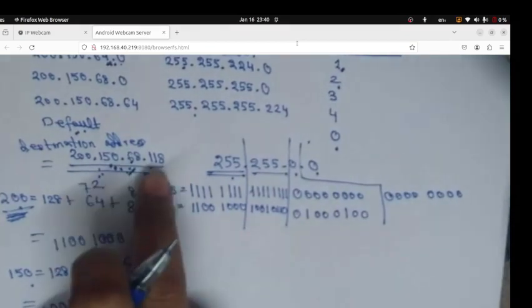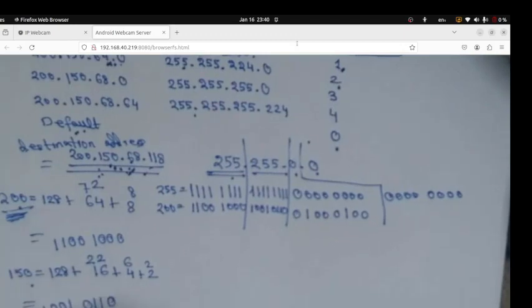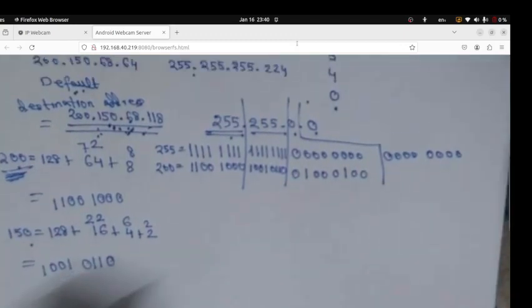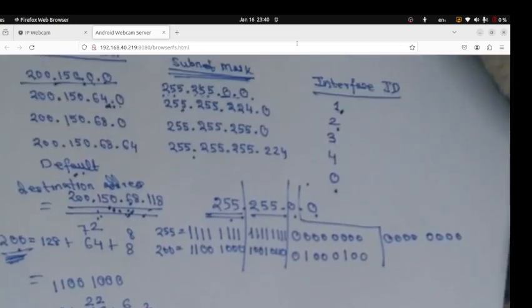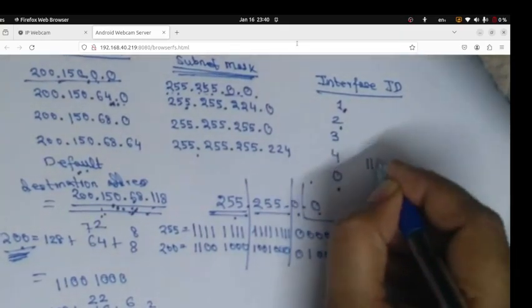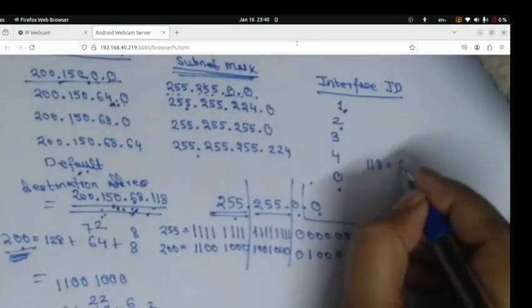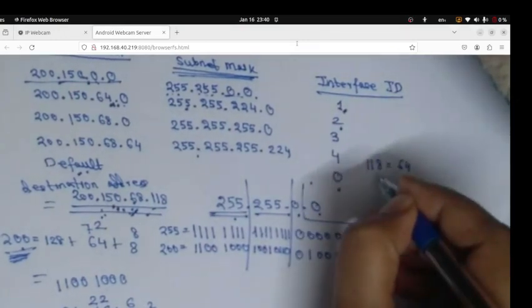And the last octet is 118. If we convert it into binary, how do we find the binary equivalent of 118? The first is 64, because 128 is more than 118.